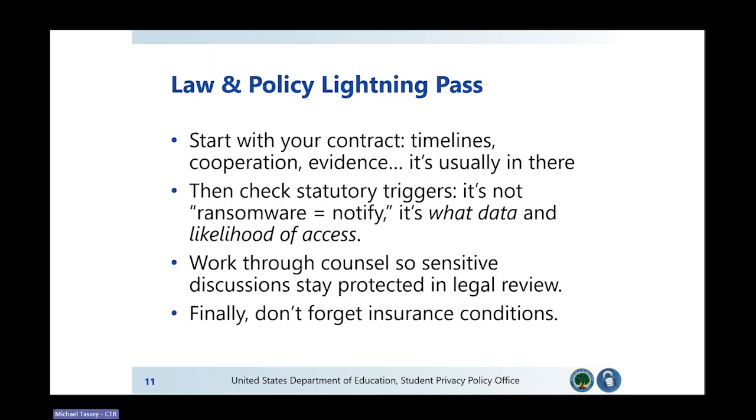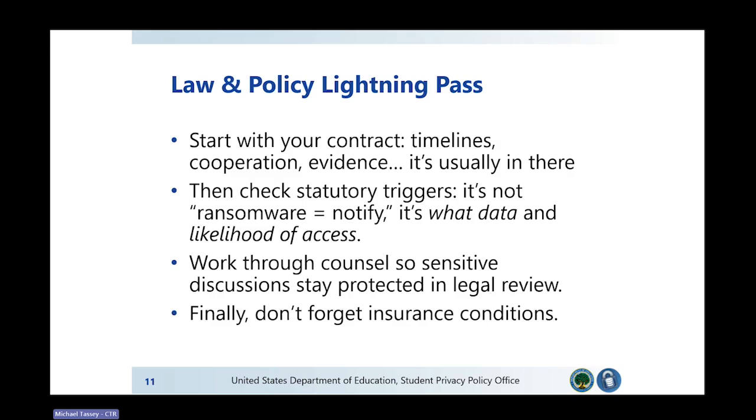And then with your counsel, sit down and map your data elements to state and federal triggers, right? Almost every state now has its own data breach laws that impact what is a data breach from the state's perspective, what constitutes one, what the thresholding is in terms of number of records or types of data, etc. And many have language that includes something like, in quotes here, "reasonable likelihood of access" or that sort of thing.